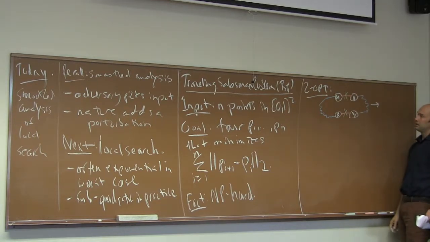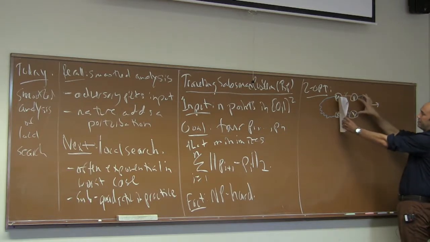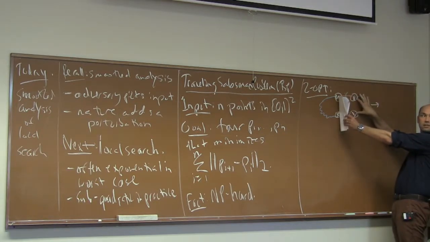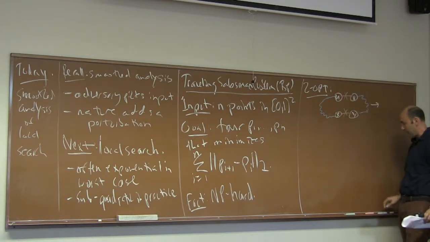Now, if you think about it, there's a couple ways to rewire this, but if you rewire U to X and V to Y, then you've taken your one cycle and turned it into two cycles, right? So you don't want that. That's not a tour. So that leaves, the interesting thing to do is to connect V to X and U to Y.